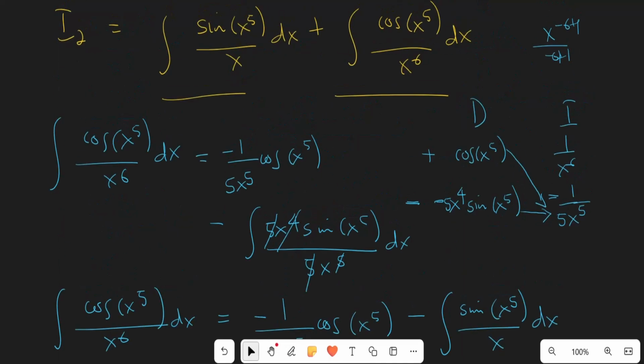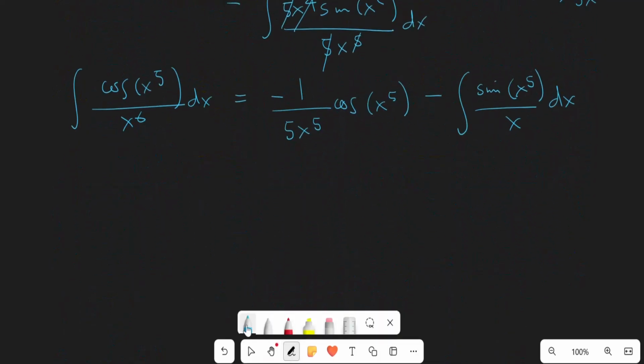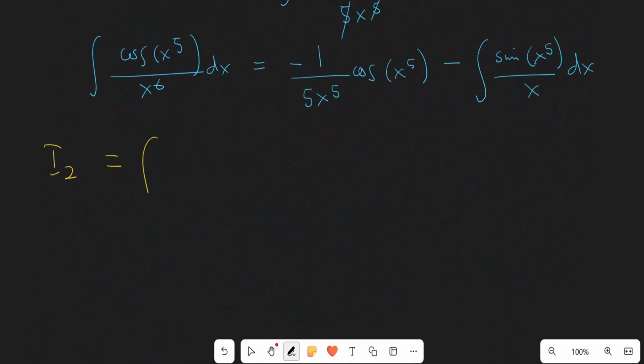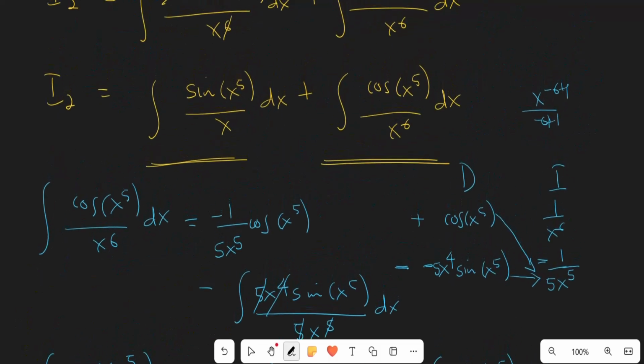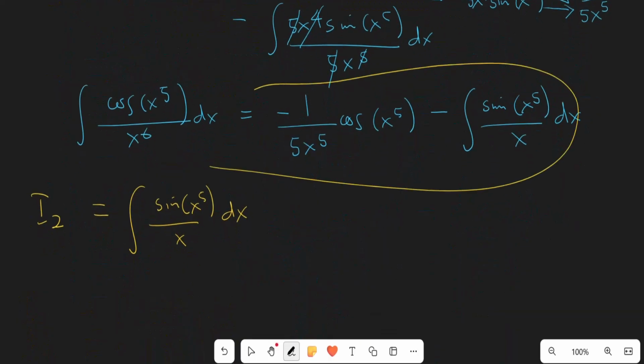Now this is this integral. So our I2 now, our I2, which was equal to this integral, which is the integral of sine of x to the 5 all over x dx, plus this integral. And the answer of that integral is this.